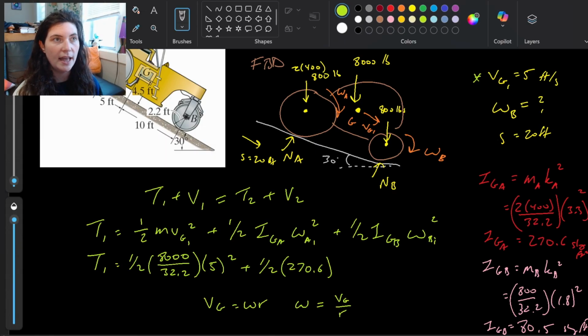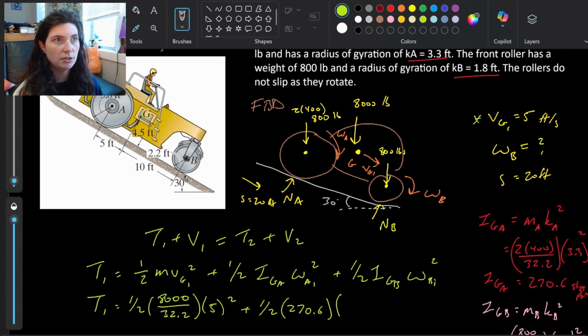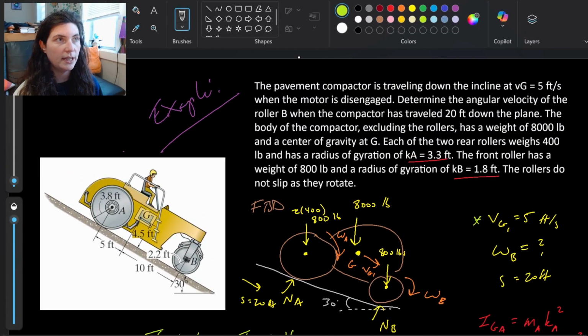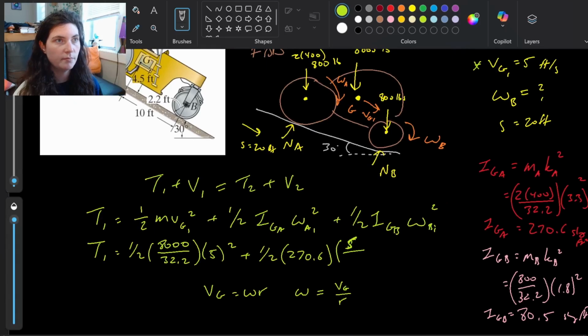So for omega A, VG was 5 feet per second, divided by the radius of A, which is 3.8 feet. So that's over 3.8, and we're going to square that.